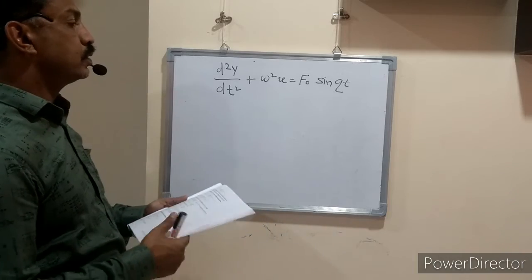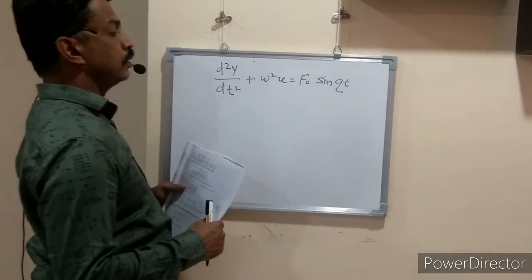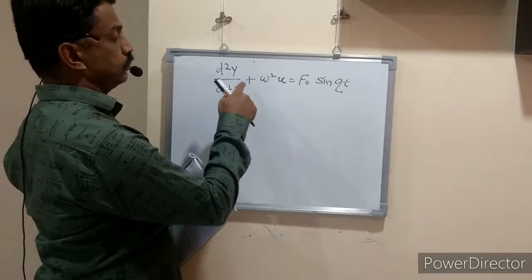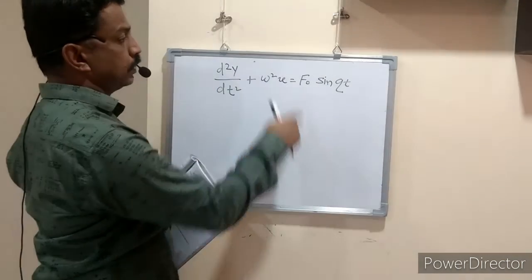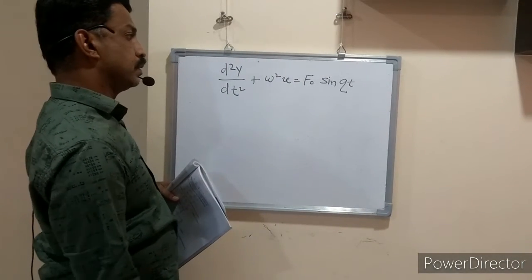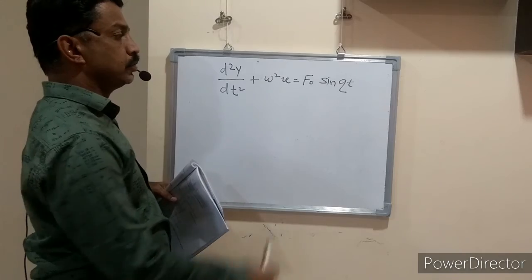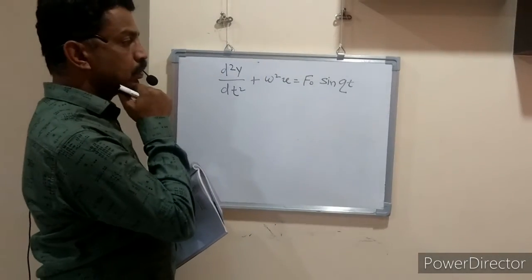Why? Because the dependent term is not present on the right side, so it is non-linear and non-homogeneous.